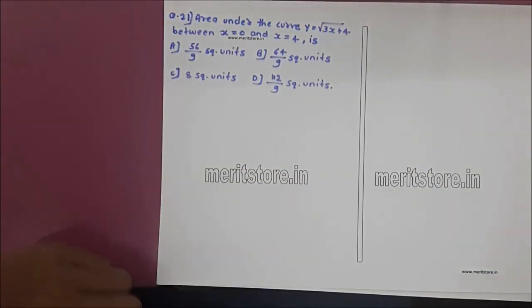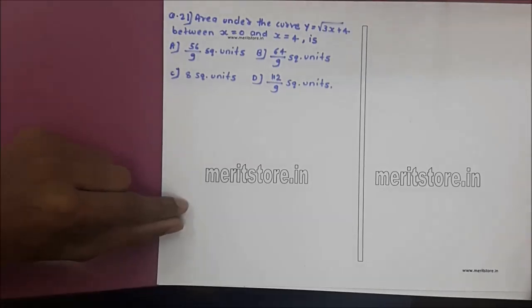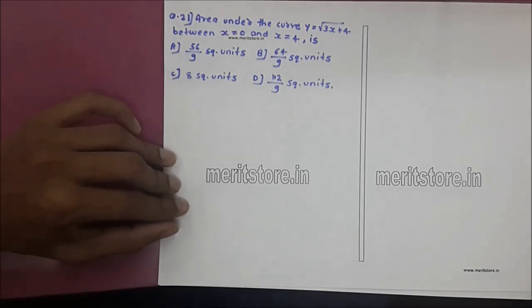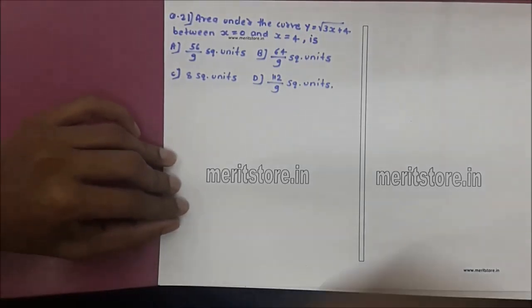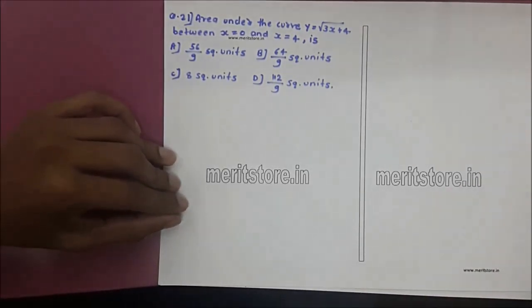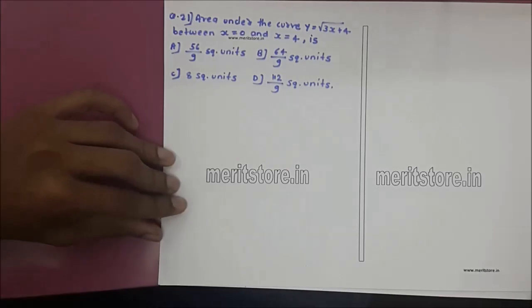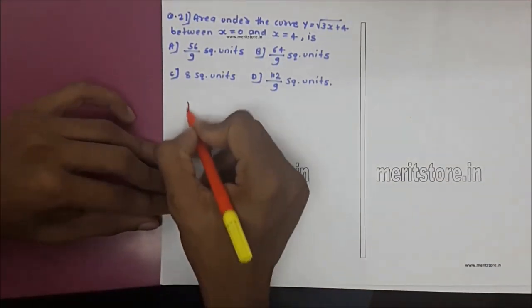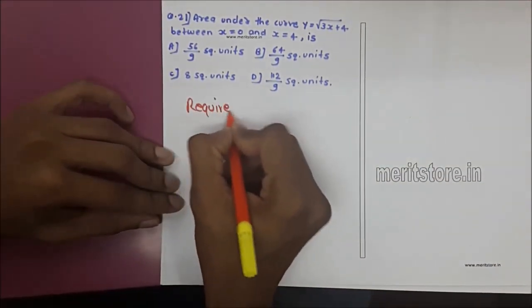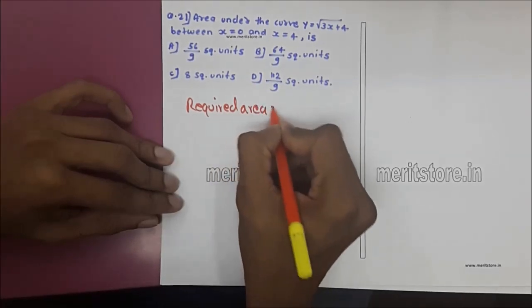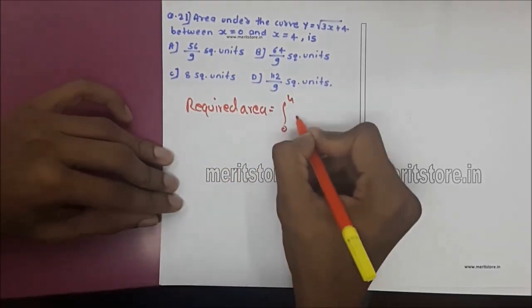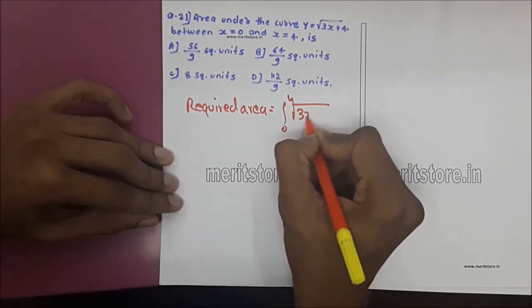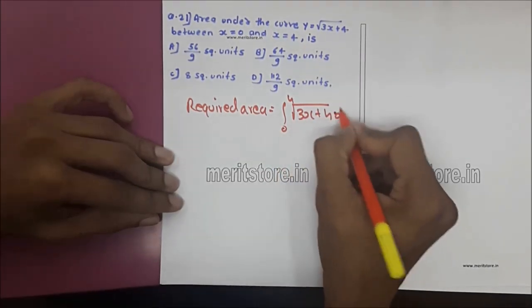Question 21. Area under the curve y is equal to root of 3x plus 4 between x is equal to 0 and x is equal to 4 is. Options are A 56 by 9 square units, B 64 by 9 square units, C 8 square units, D 112 upon 9 square units. Required area equal to integral from 0 to 4 of root of 3x plus 4 dx.